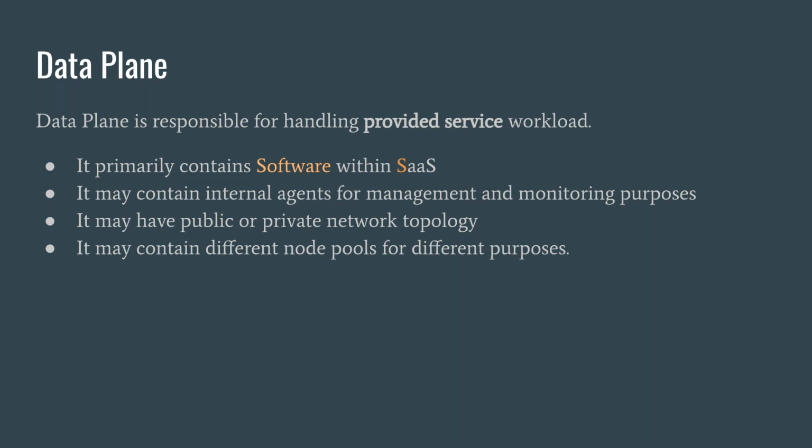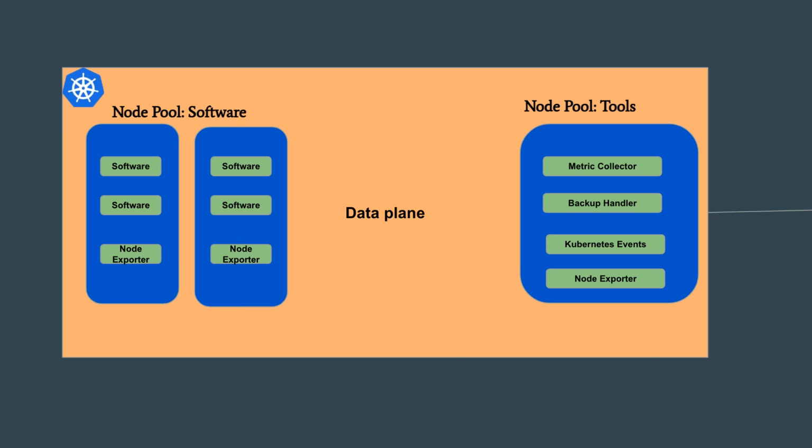So what is the data plane in our case? Here you can see this box is only for the technology you provide the customer. And again, there can be different kinds of node pools, right, based on your requirements. These pictures and components form the data plane.